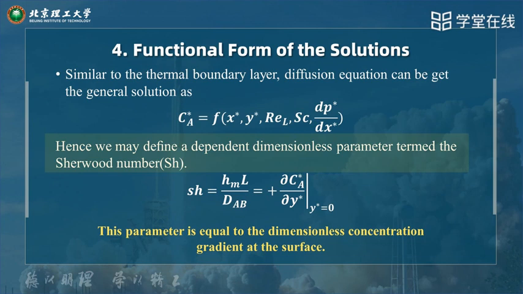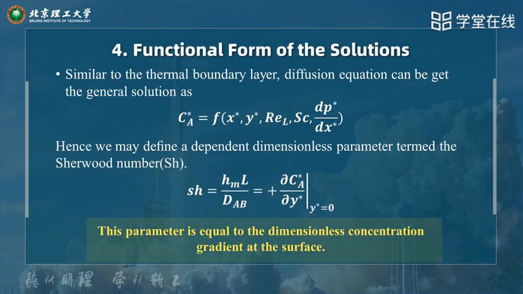Hence, we may define a dependent dimensionless parameter termed the Sherwood number. The Sherwood number is h_m times L over D_AB. Very similar to the Nusselt number.